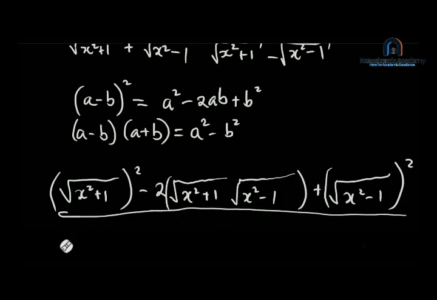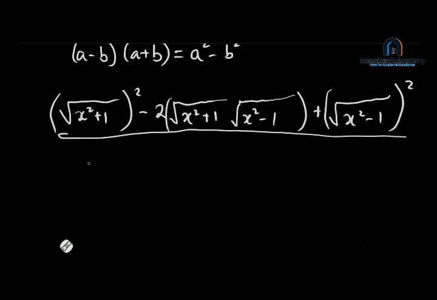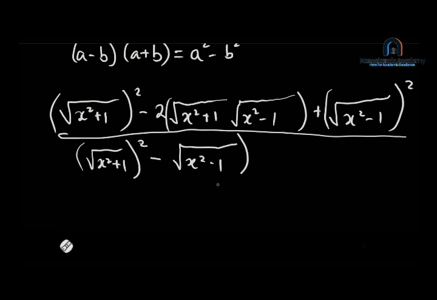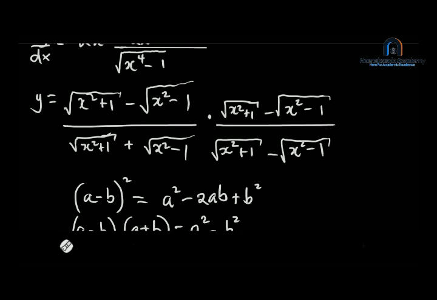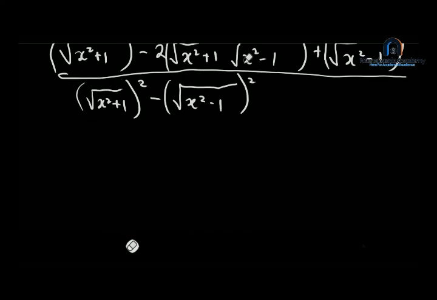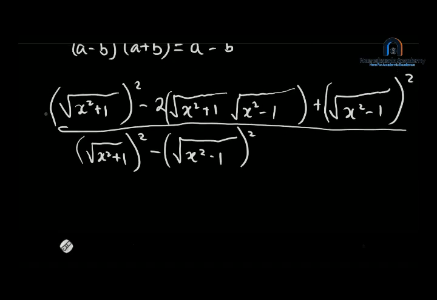So here we have square root of x squared plus 1, which is our a, squared, minus square root of x squared minus 1, which is our b, also squared. All right, so this is what we have. So this, which is our y, further simplifies to this.